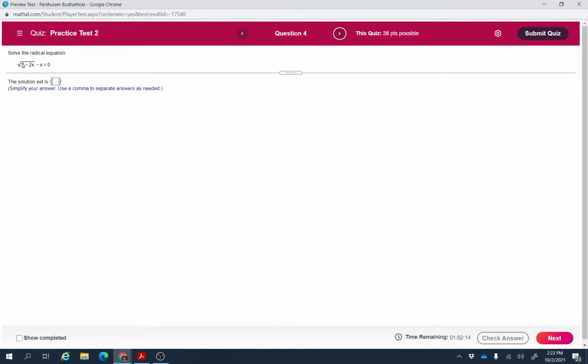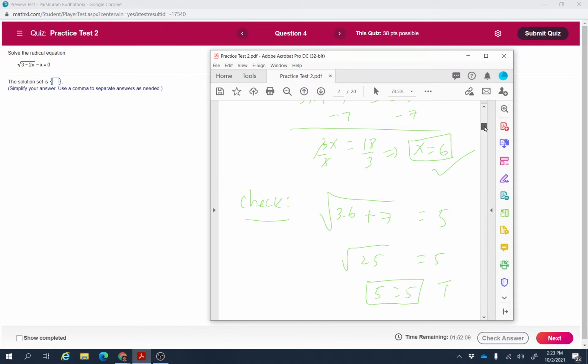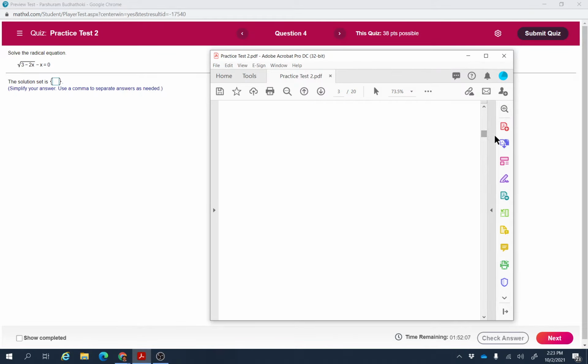That means you have to isolate this radical sign on one side of the equation, and 3 minus 2x, and write down everything else on the other side of the equation. And now after that, just take the square and then solve the equation. But remember, after finding the solution, you always have to check your solution, because some of the solutions might not be the right solution.